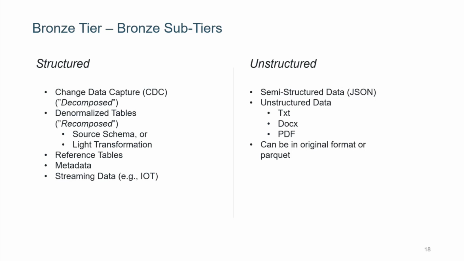As I was working on this presentation, I came across an article that talked about how you should try to have the fewest number of hops as possible, because every time you do a hop, you're introducing a chance for errors, misunderstandings, and you're increasing the cost.